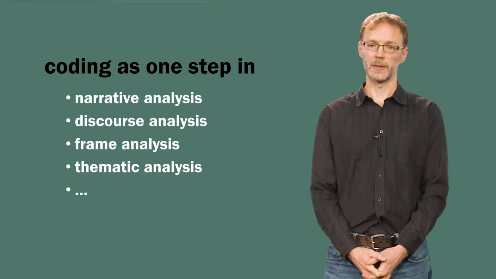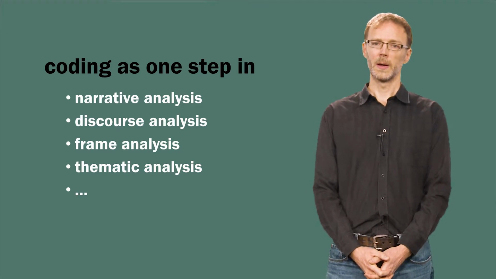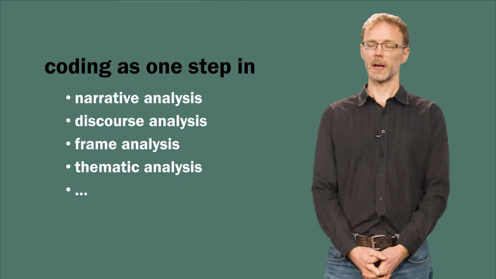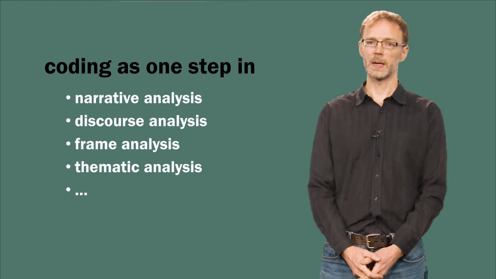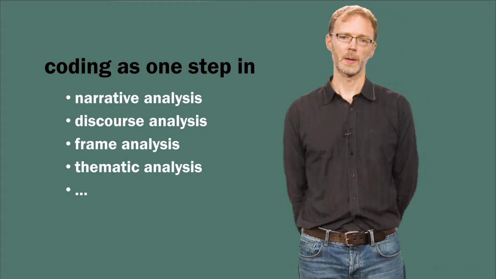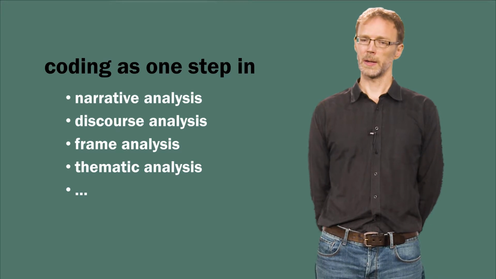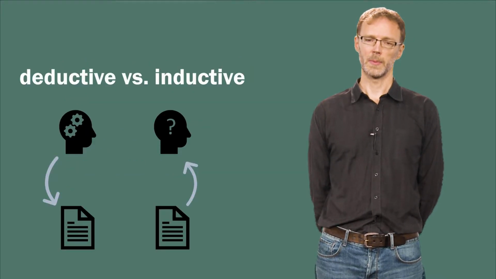How might coding work in your research project? Well, how you code depends on the nature of your research question, the types of data you have, and the qualitative analysis methods you are employing. One main distinction to think about is whether you adopt an inductive or deductive approach.